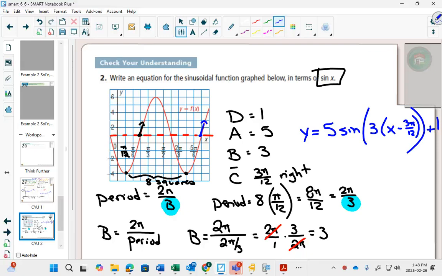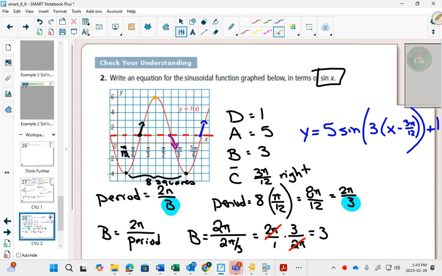Could you have also done a negative sine graph? Can you see that if you had picked the middle going down, if you use that value, then you just have to put a negative out in front. So there's multiple answers. Did this have to be a sine graph? No. Could you have made this a cos graph if you had started at a maximum?